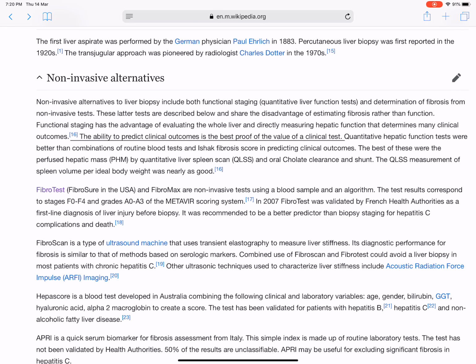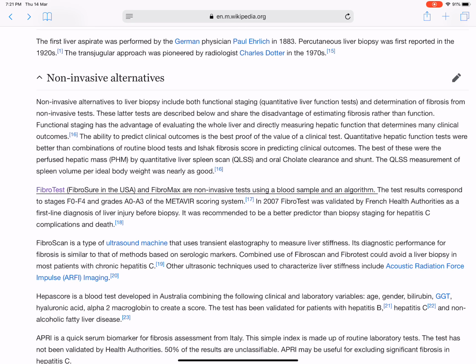The ability to predict clinical outcomes is the best proof of the value of a clinical test. Quantitative hepatic function tests were better than combinations of routine blood tests and Ishak fibrosis score in predicting clinical outcomes. The best of these were the perfused hepatic mass, PHM, by quantitative liver spleen scan, QLSS, and oral cholate clearance and shunt. The QLSS measurement of spleen volume per ideal body weight was nearly as good.